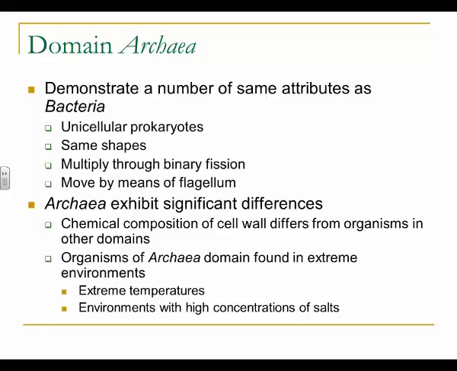So they tend to have pseudopeptidoglycan or pseudomurein or other diverse chemicals in the structure of their cell wall. And they're found in extreme environments, very high temperatures, very low temperatures, very salty conditions that other bacteria and other microorganisms wouldn't be able to survive in.